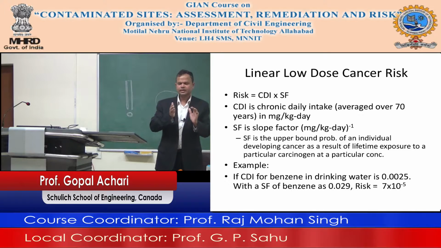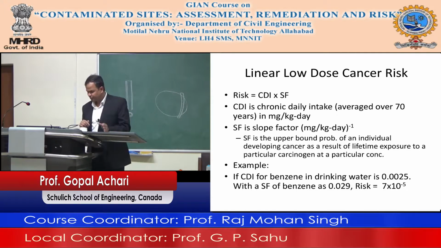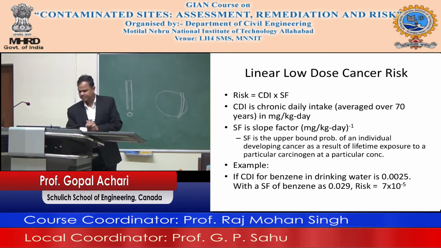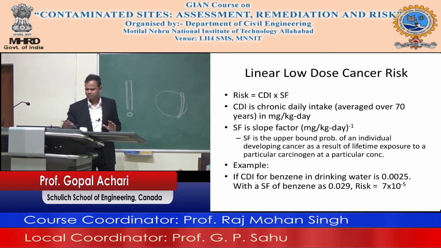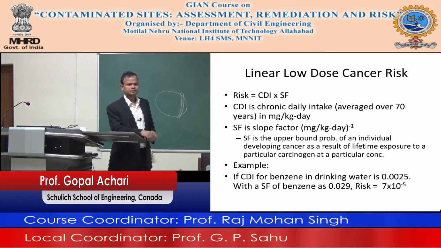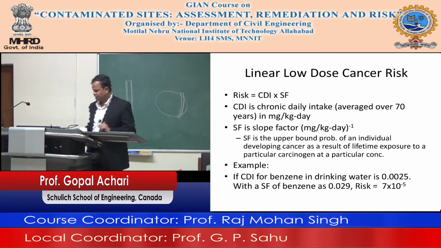The slope factor is the upper bound probability of an individual developing cancer as a result of lifetime exposure. So you multiply the two and you get your risk. Is that clear to everyone? Okay, so that's your low dose.